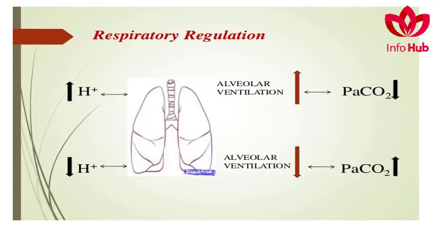If there is more acid, H positive, in the body, ventilation will increase in order to decrease PaCO2 in the body. Similarly, if there is decreased acid in the body, your ventilation will automatically decrease to increase the PaCO2 in your blood or body. So that's how the respiratory regulation occurs.